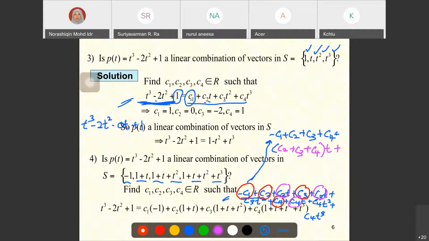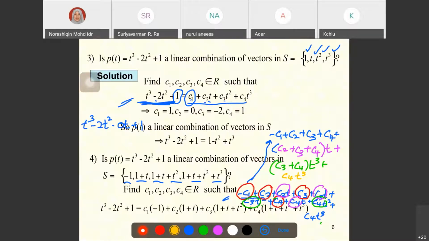Okay. Plus T squared. T squared is done here. C3. Okay. C4 plus C4 T squared. Habis kan? Yes. Okay. And then ni dah habis. C4 saja. And then one C4 saja plus C4 T cube.